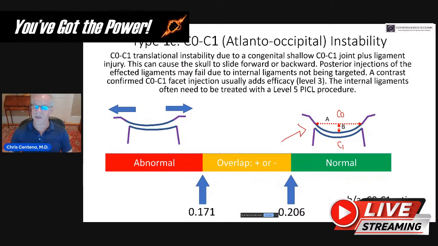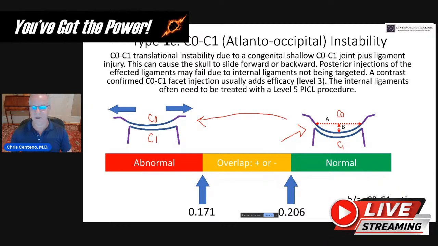And as you might imagine, that occipital condyle of C0 sitting in C1, if it's deep, provides stability. But some patients have this very shallow type C0 or occipital condyle sitting at a very shallow C1.